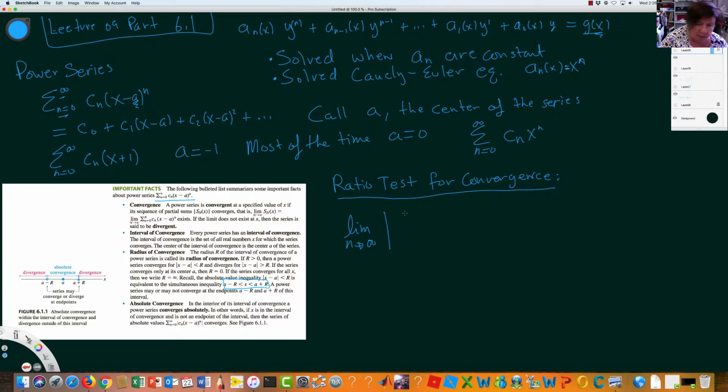So we have the n plus 1 term, C n plus 1 times x minus a to the n plus 1, over the nth term, C n times x minus a to the n, and that's all absolute value. And we look at that and we decide whether it converges or not.